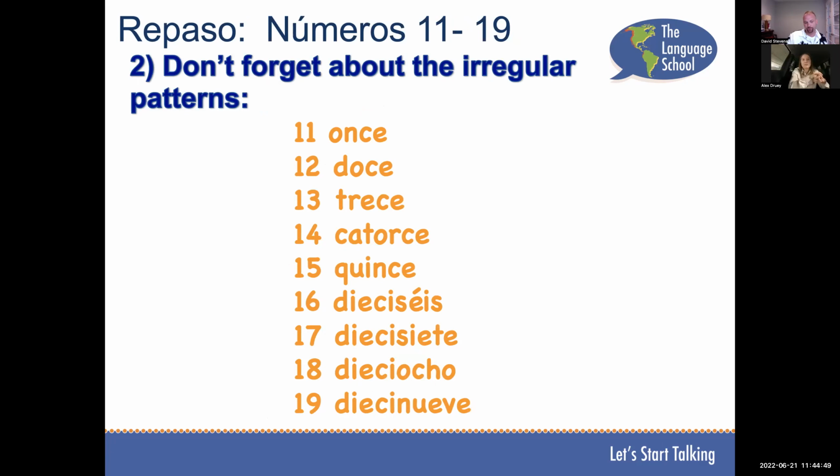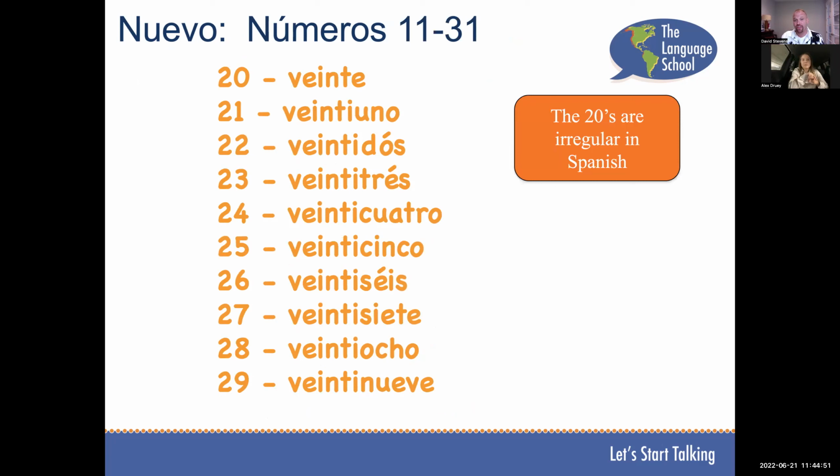Okay. Now, 20. Now take just special note of this. 20 is slightly irregular in Spanish. It doesn't work the way that 30 and beyond work. So this is just an irregular pattern. 20, 21, 22, 23, and we just add the numbers up to 10 there.